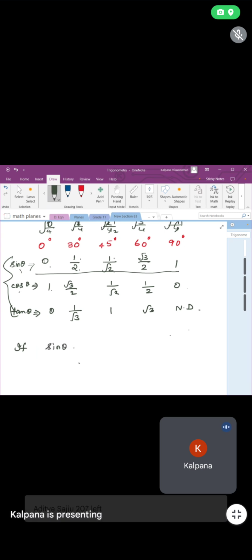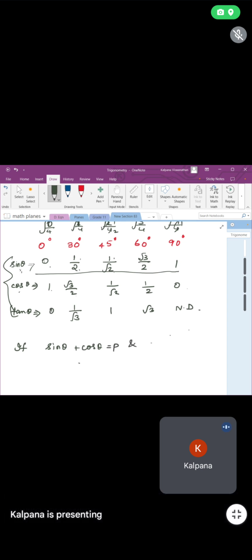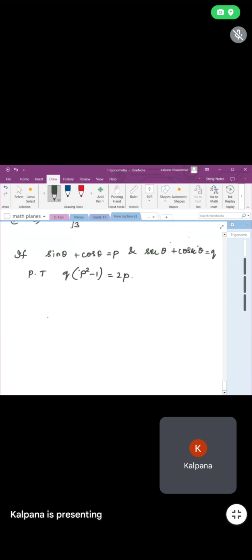If sine theta plus cos theta is equal to P, and secant theta plus cosecant theta is equal to Q, prove that Q times P square minus 1 equals 2P. Sin theta plus cos theta equals P, secant theta plus cosecant theta equals Q. Prove that Q into P square minus 1 equals 2P.